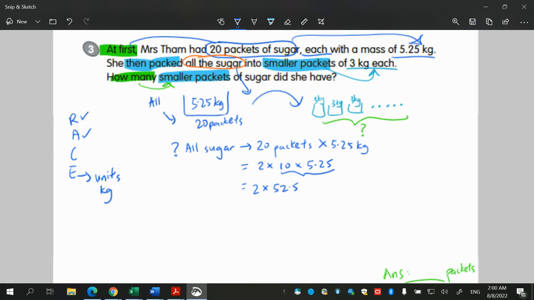So 5.25 times 10, I move my decimal point. The next step will be this. All the sugar, I do my workings here. Oops, see, all the careless mistakes may pop up when you're not careful. So it is really important to check.